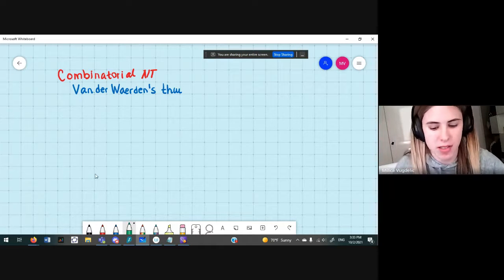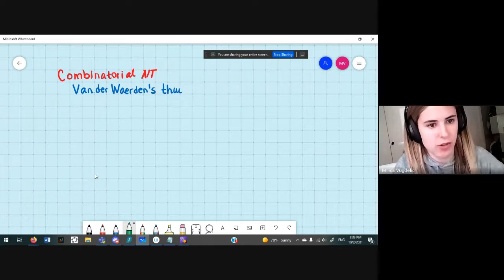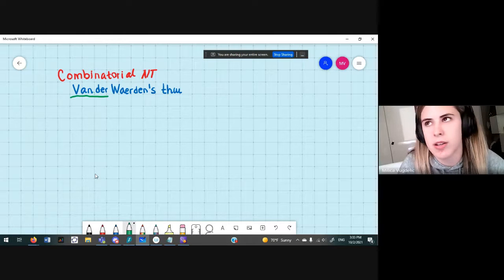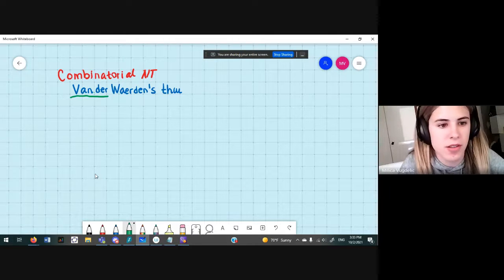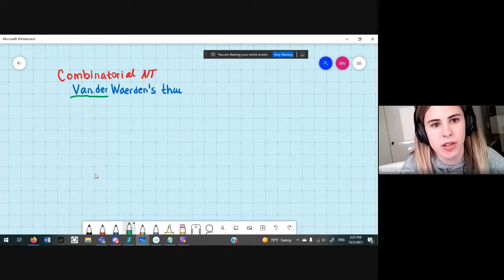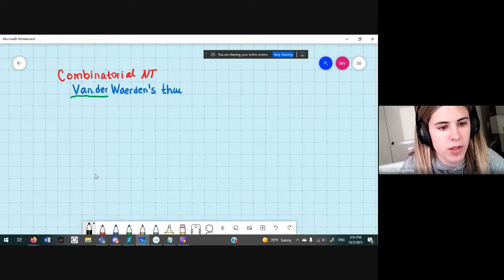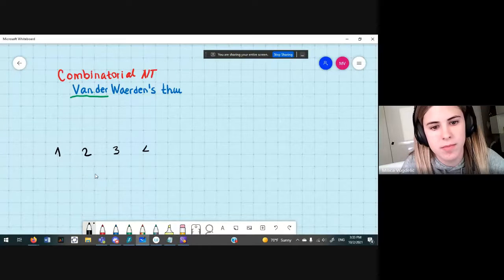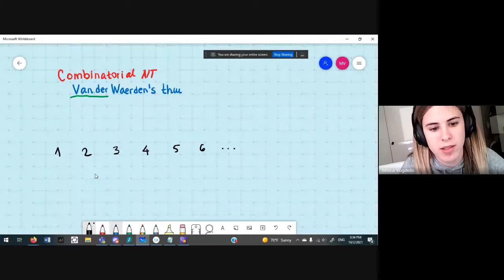So the first main goal today is to prove this thing here. It states that if we color the integers in k colors, there's always an arbitrarily long arithmetic progression. Or in other words, we can look at the integers and assign them a finite number of colors.